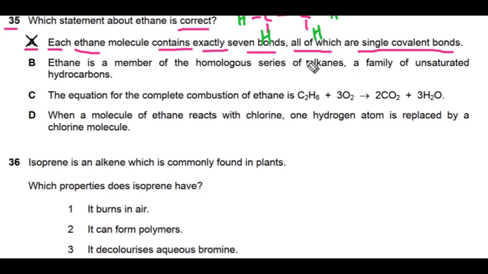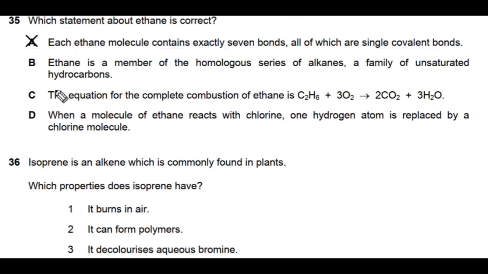So the ethane molecule contains exactly 7 bonds: 1, 2, 3, 4, 5, 6, 7 bonds, and all of which are single. All are single bonds, and these are covalent bonds because carbon is a non-metal and hydrogen is a non-metal. So A is the right answer.